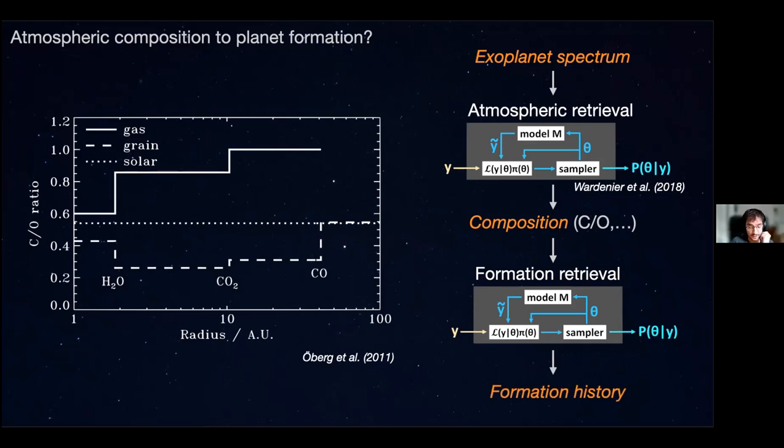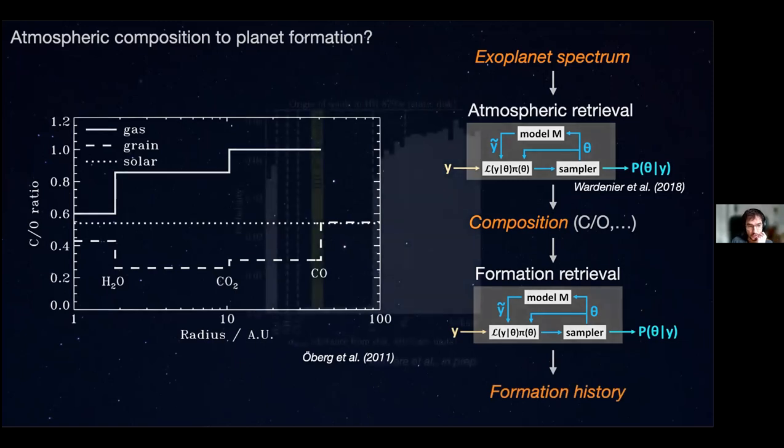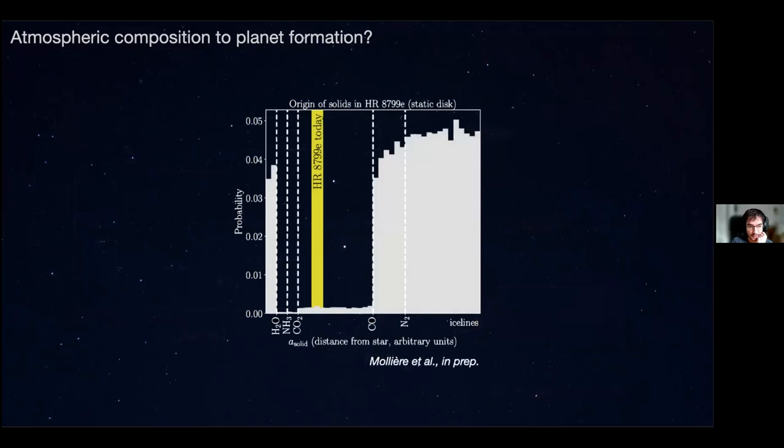And one can do that. Here's one example. If you do this for HR 8799e, using the GRAVITY constraints on the C/O ratio and metallicity, what's shown here is the probability distribution of where the planet accreted its solids, or where it sourced its solids from in the disk. So this is distance, and I just overplotted where the ice lines are.